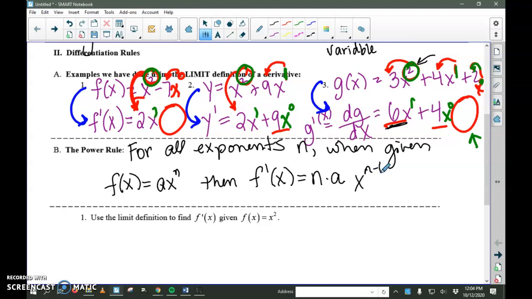I'm going to put this in words. Sometimes when we see things in math notation, we're like, what?